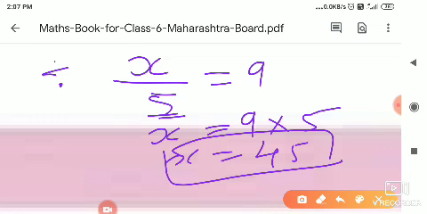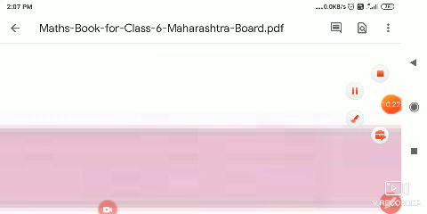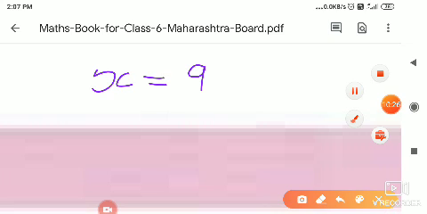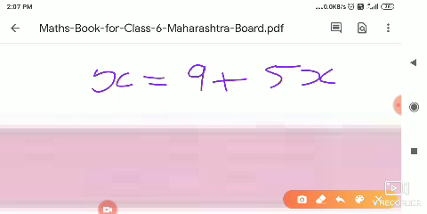Okay, this is also there. And if the equation is like that, x is equal to 9 plus 5x, and we have to take this x to this side, as I told you before, what will come here?